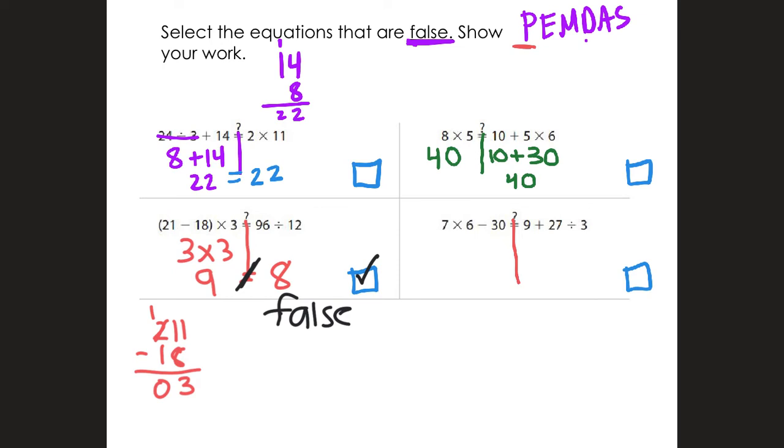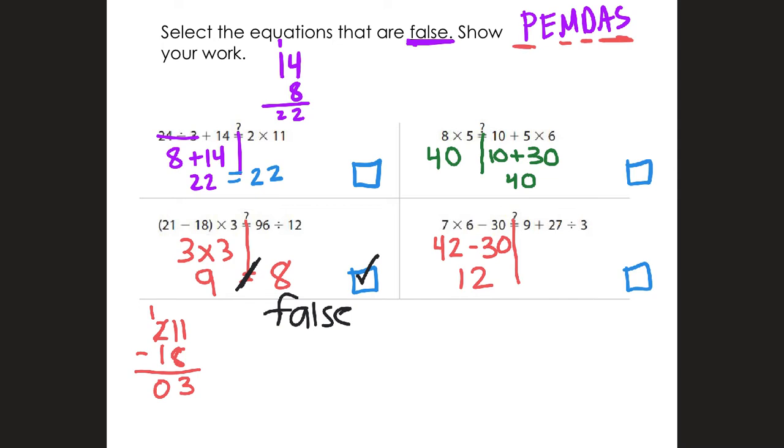I see I have multiplication and subtraction, and I know that I do multiplication before I do addition or subtraction. 7 times 6, and then I take away 30. If one side equals 12, then the other side must also equal 12 for it to be true. I have addition and division. So I'm going to start with the division because that comes before addition or subtraction. 27 divided by 3.